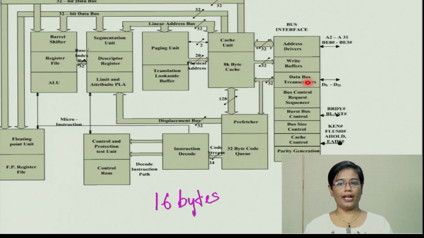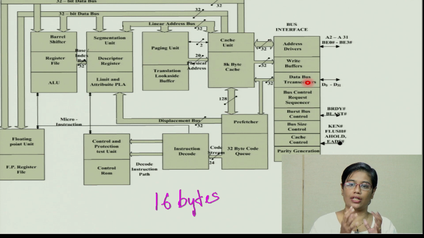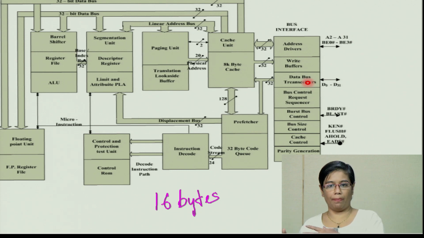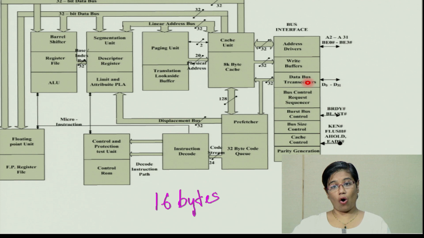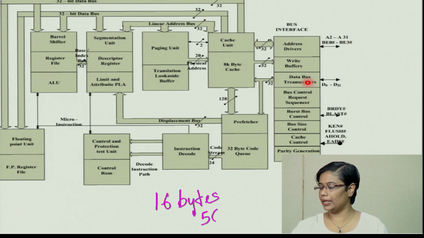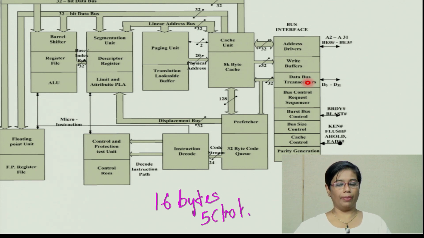So in a period of 5 clock cycles, 16 bytes of data will be read from memory or an input device and it can be transferred to the processor. Or similarly, 16 bytes of data as a burst can be stored in memory or it can be sent to an output device. So this is called as burst data transfer, and this completes in a period of 5 clock cycles. It doesn't require many clock cycles.